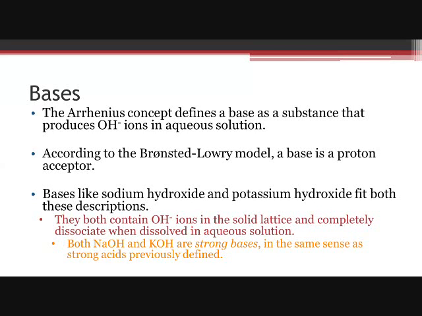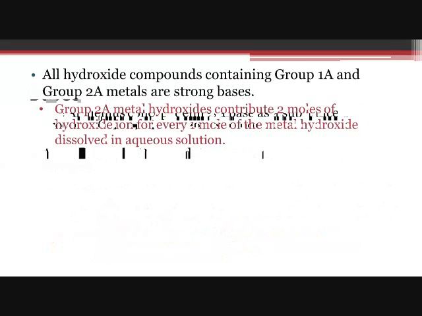So some more things about strong bases. Technically, any cations from group 1A, the alkali metals, or group 2A, the alkaline earth metals, on the periodic table form strong bases. So basically, if you see a hydroxide and you know it's a base, but you're unsure if it's going to be strong or not, if it has a group 1 or group 2 cation, it's strong.